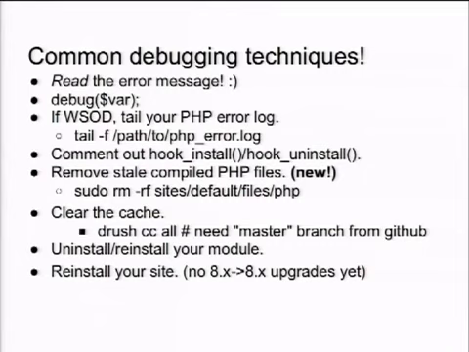So you can just remove everything in the PHP directory in your site's default files. That's a new step, in addition to clearing the cache, that you want to try in Drupal 8. Clearing the cache is always good. Uninstalling and reinstalling your module, if you can get that far, is always good. And finally, sometimes you just need to reinstall your site right now, because we don't provide 8.x to 8.x upgrades until beta-ish.